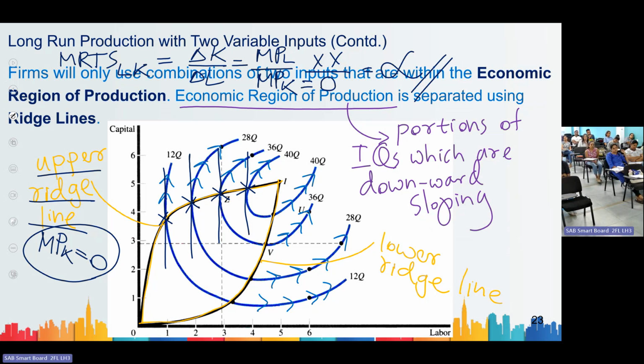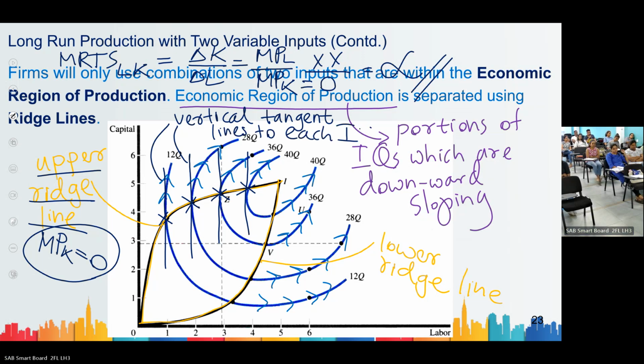To find the points where the slope of the isocline is infinite, we can draw vertical tangent lines to each isocline.